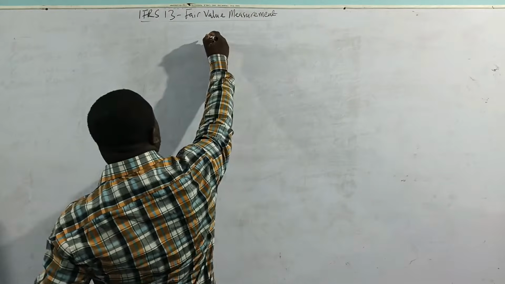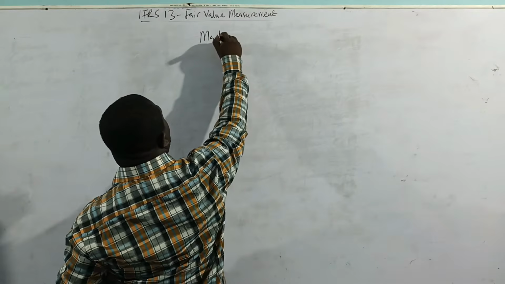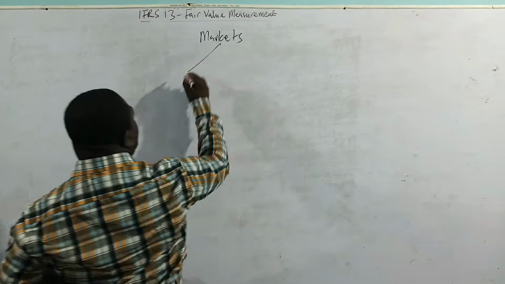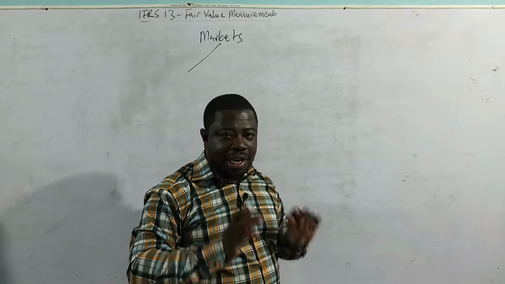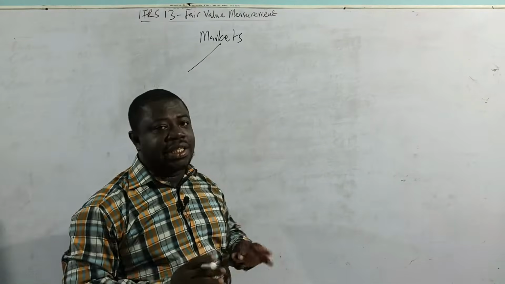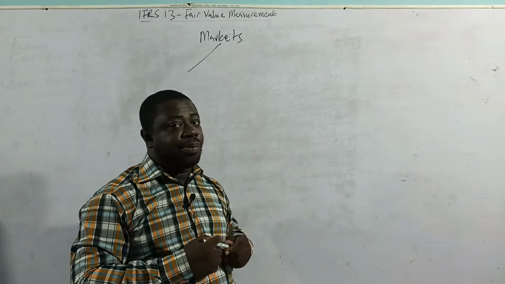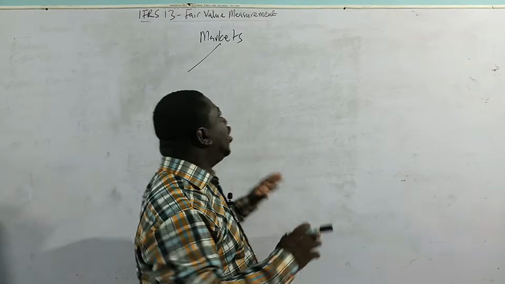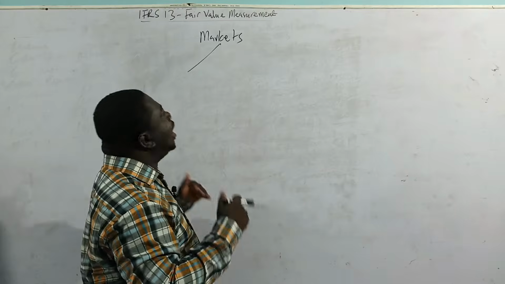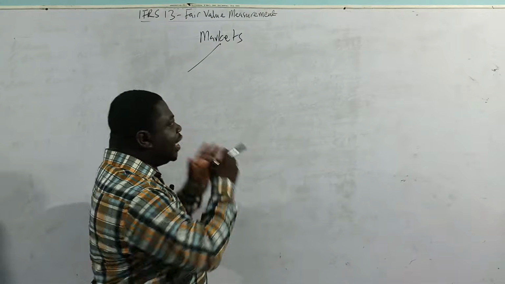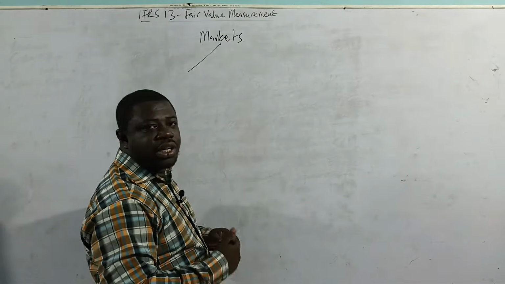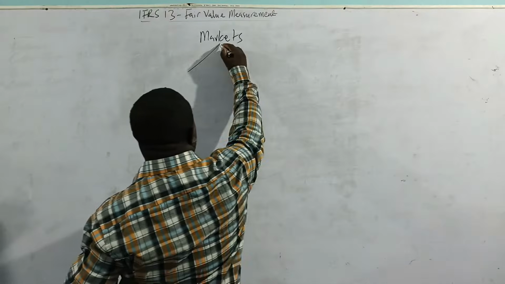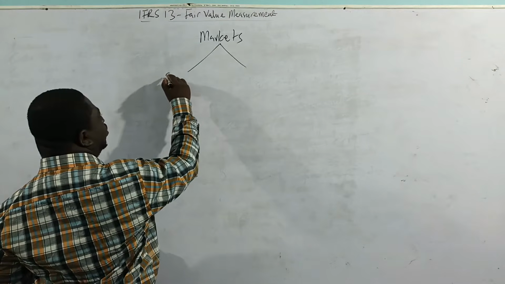Now, there are two basic markets. I'm going to explain the markets to you and what IFRS 13 says about that market for the purpose of solving a question. But first of all, let us look at the types of the markets, and then I'll explain each type, and then we would solve a question. Now, we have two main markets to consider.